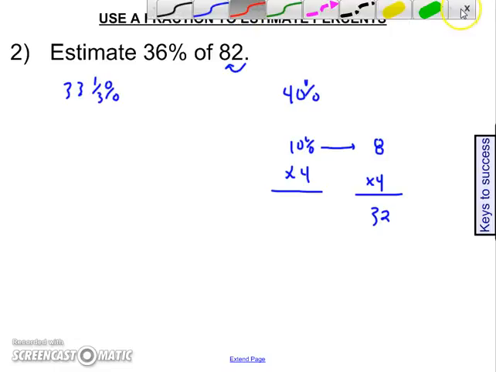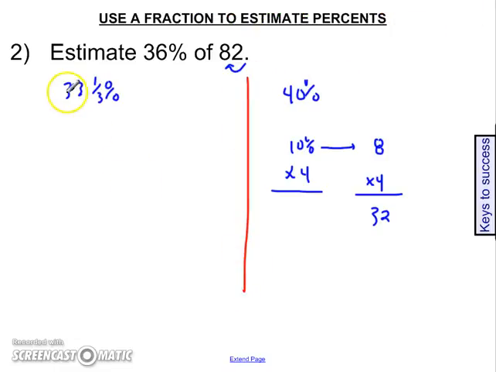Now again, I've also said we could go 33 1/3%. Well, in that case, that is 1/3, or divide by 3. Now, if I'm going to use this method here, I don't want to use 82, because 82 doesn't divide by 3 evenly. 82 is close to 81, though. 81 does divide by 3. Now, you have a choice of how you set this up.